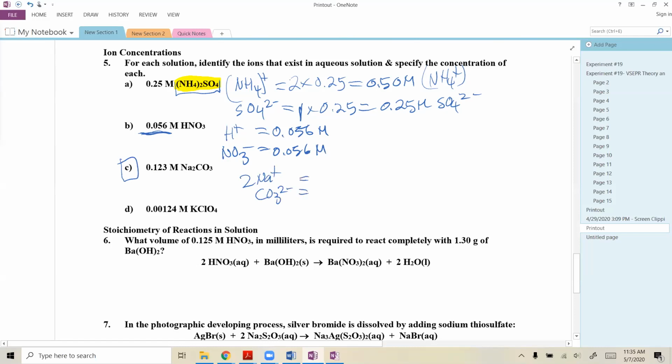And for some reason, people commonly make the mistake where they just like to put that sodium all together, and then they put the plus there. But here we have to remember that sodium is really an individual ion, and each one of those ions has a +1. So we need to multiply that concentration by 2 to get its concentration, and then our carbonate can stay the same.